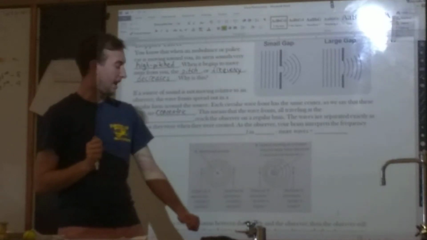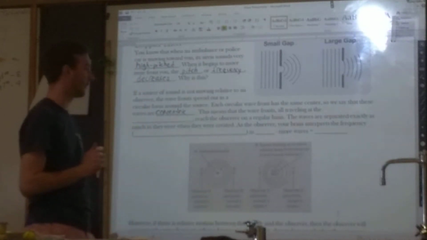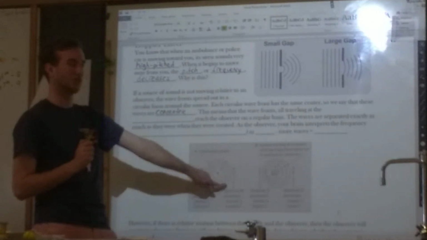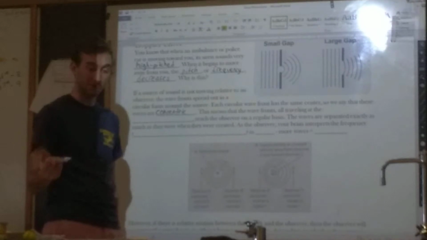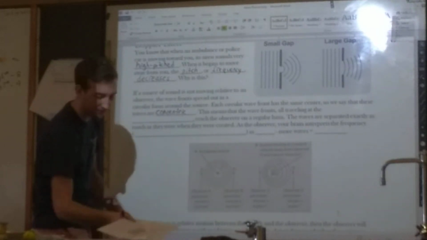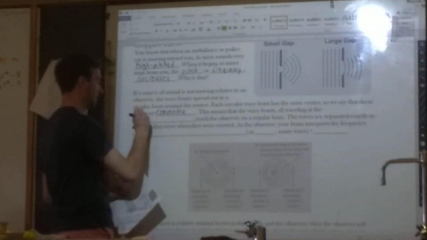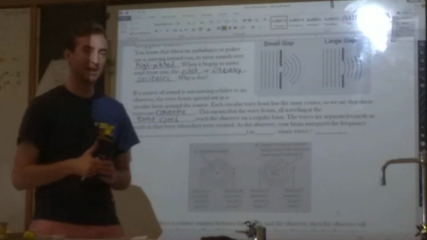Okay? And when we say that, we're talking about all these circles here, these are the wavefronts. Let's say these are all the crests of the waves. All the wavefronts are traveling at the same speed because they're traveling in the same medium. All those wavefronts reach the observer on a regular basis, okay?